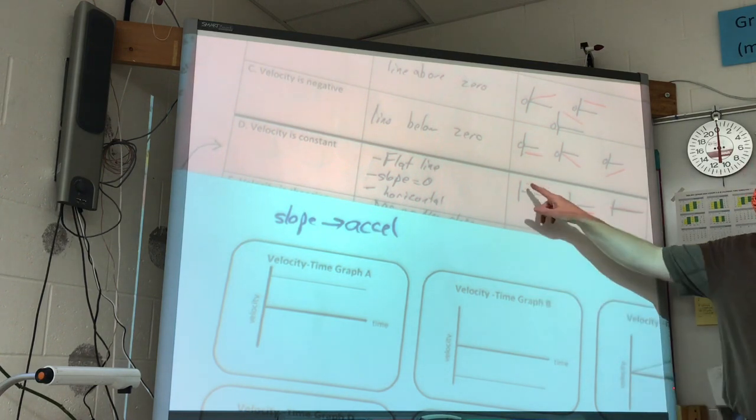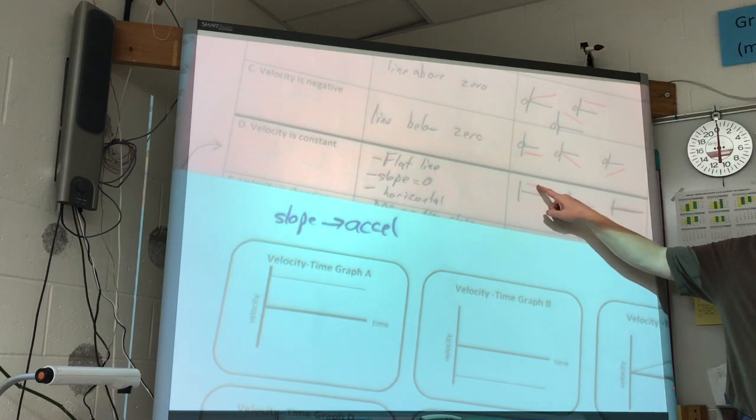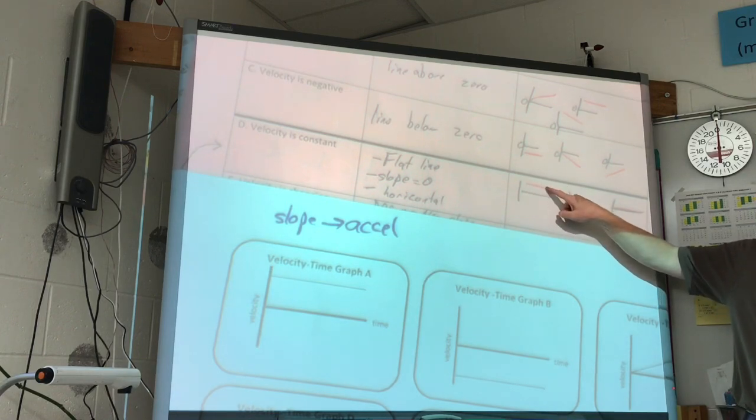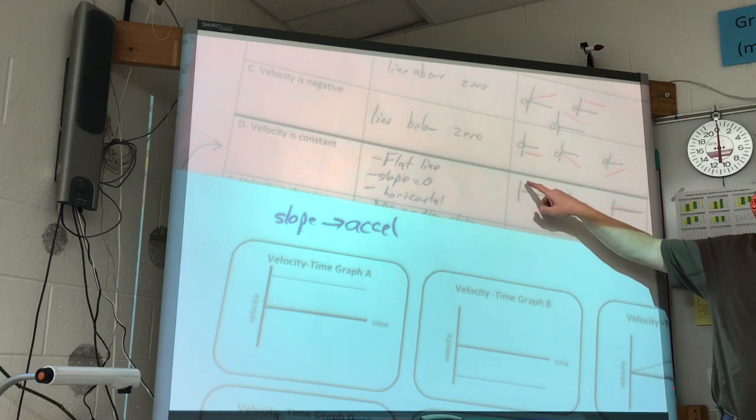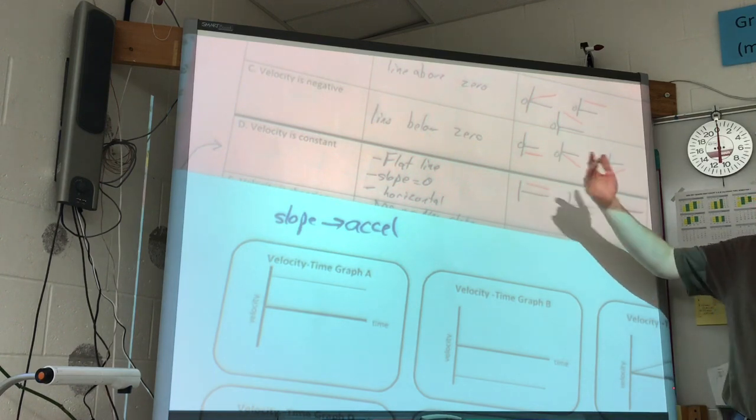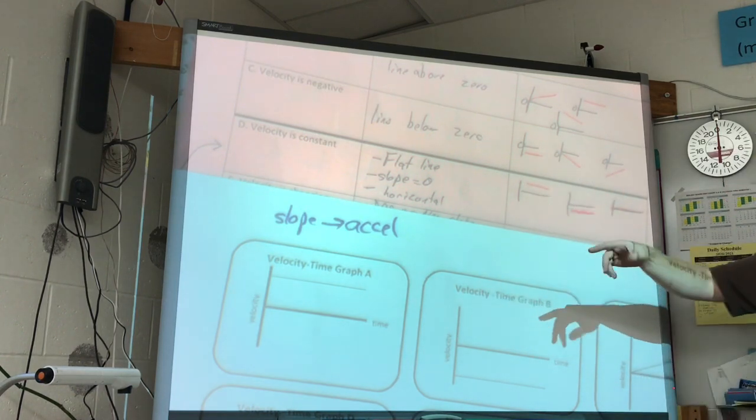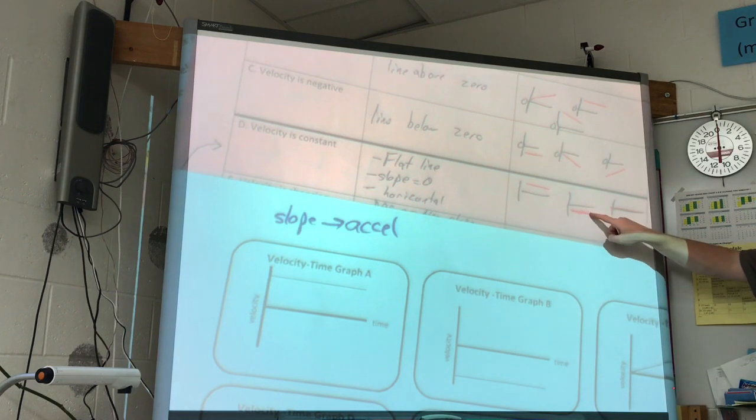Or we could say this is 2 meters per second, now it's 2 meters per second, and it's 2 meters per second. We could make up numbers and say, well, that's 2, 2, 2, 2. Hey, my velocity isn't changing. My velocity is constant. -2, -2, -2, or 0, 0, 0. Those are all examples of velocities that are constant. The slope is 0, which means my acceleration is 0, which means my velocity is constant.